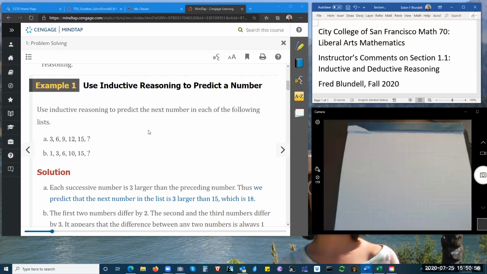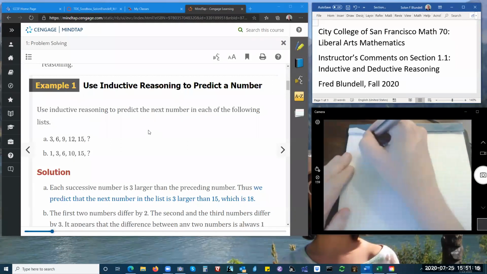That's inductive reasoning. Now, of course, the danger with inductive reasoning is that a finite number of examples like that may fit more than one pattern. So it looks like you're just adding 3, but you might be doing something else instead.